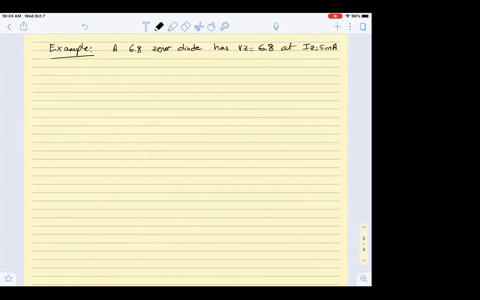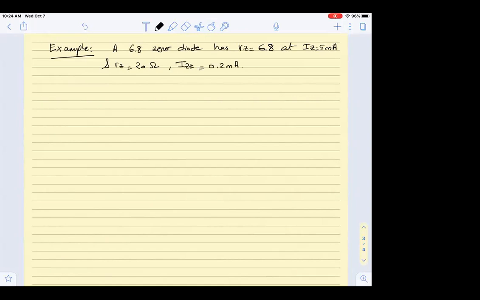Okay, and given that RZ is 20 ohms and IZK is equal to 0.2 milliamps.